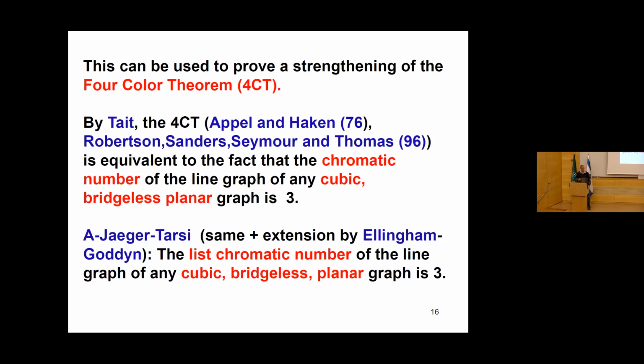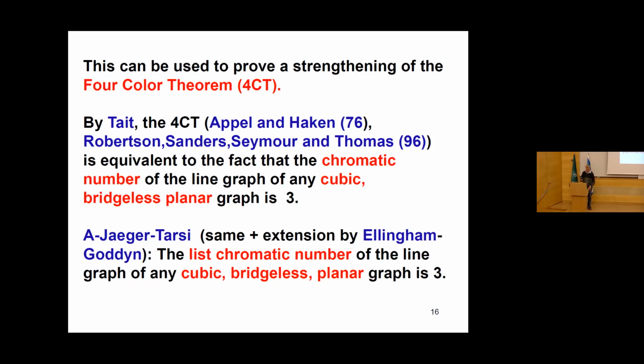And actually, those of you who have been here in the morning in the lecture of Gil Kalai, one thing that he mentioned was that it is known, this was actually proved by Tait, again in the 19th century, that the four-color theorem, which was conjectured by Francis Guthrie, was proved by Appel and Haken, and later by Robertson, Sanders, Seymour, and Thomas, and as probably all of you know, the proofs still use a lot of computation, and there is no traditional proof.